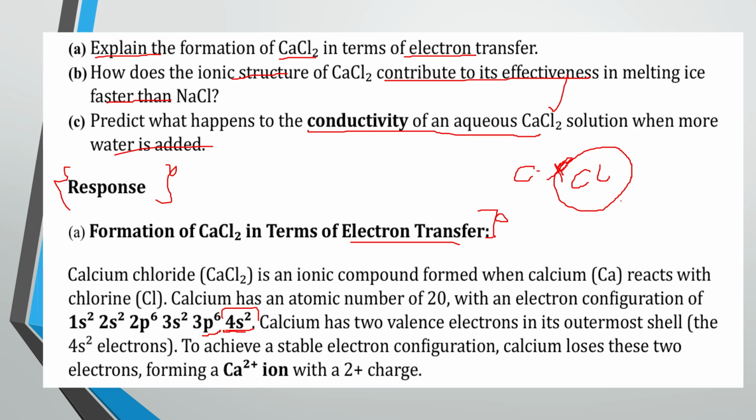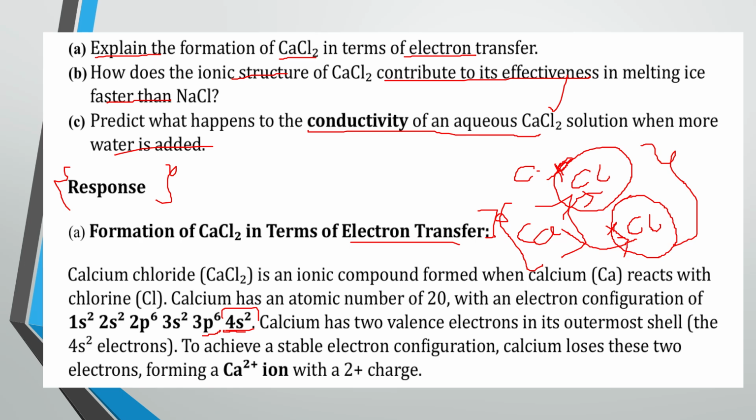The other electron of calcium is going to be placed onto another chlorine atom, and this is what you call the calcium chloride ionic bond formation. The calcium donates 2 electrons, but 1 electron goes to 1 chlorine atom and the other electron goes to another chlorine atom.